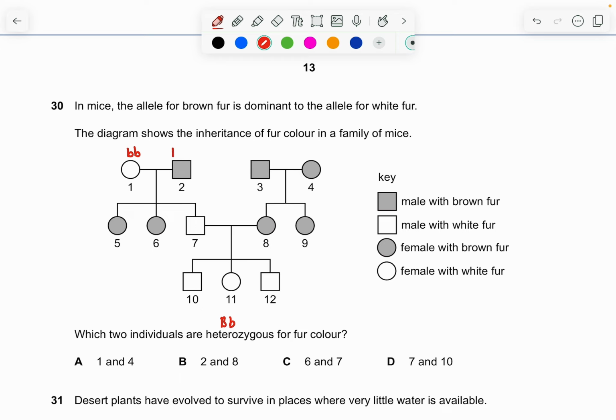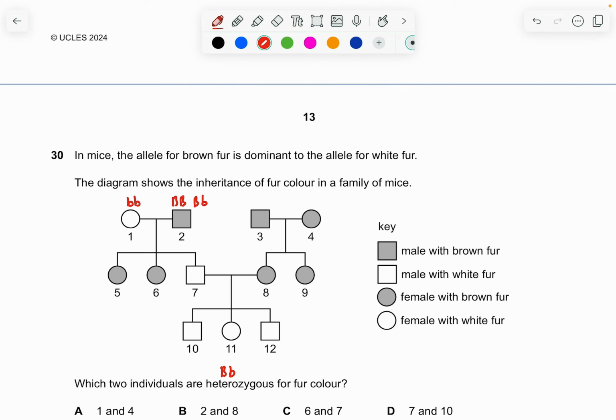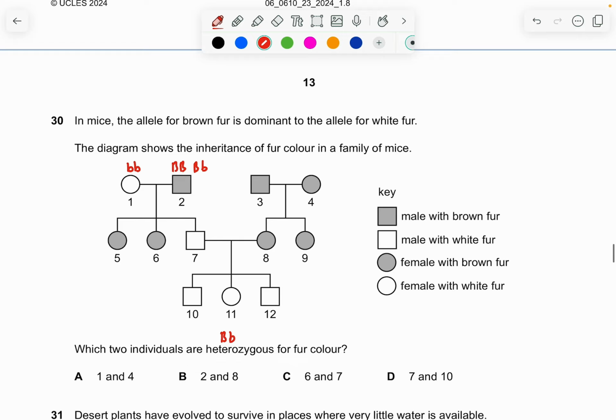Number 2, you don't know whether it's going to be big B, big B or big B, small b, but you need to check the offspring. The offspring has 2 of them with brown fur, but we do not know again, so we need to check one by one. Let's say I have B, this is my first try.